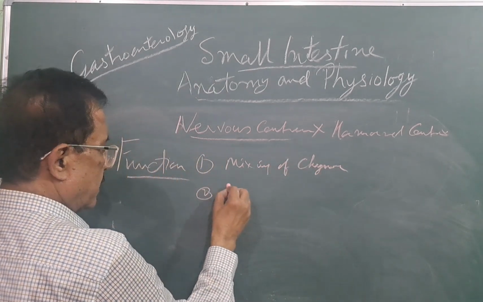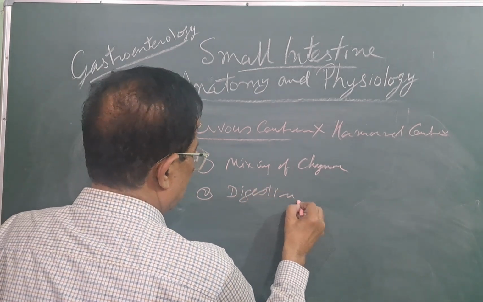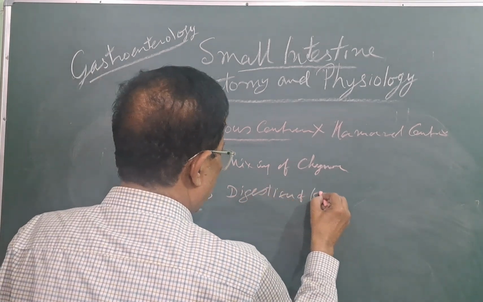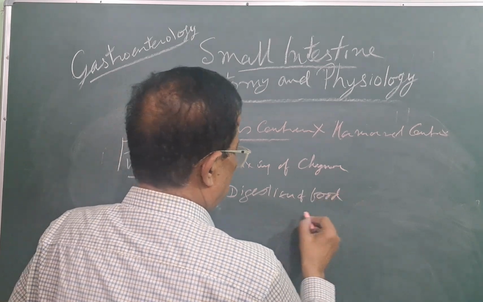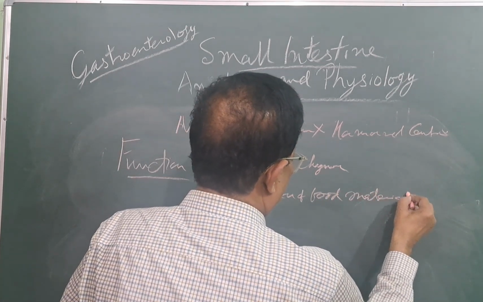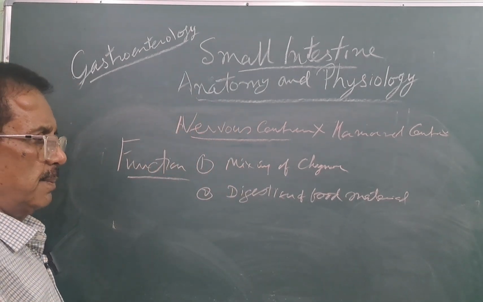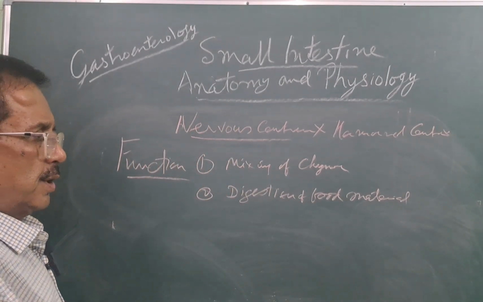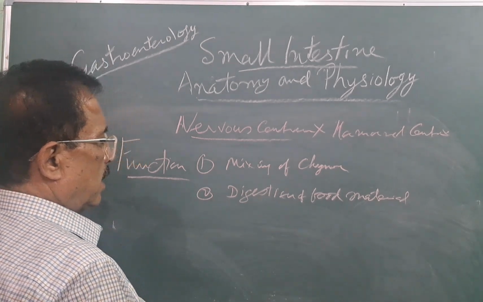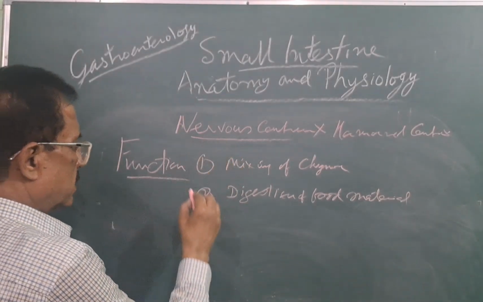Number two, digestion of food materials: protein, carbohydrates, lipids, cholesterol, phospholipids, nucleotides and nucleic acids are all digested in the small intestine.